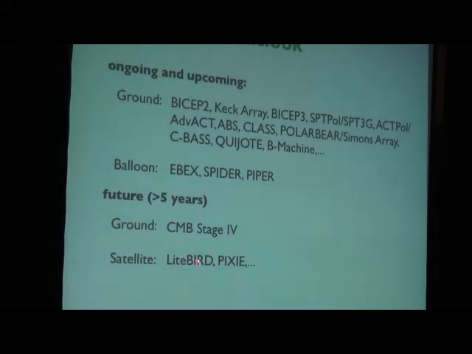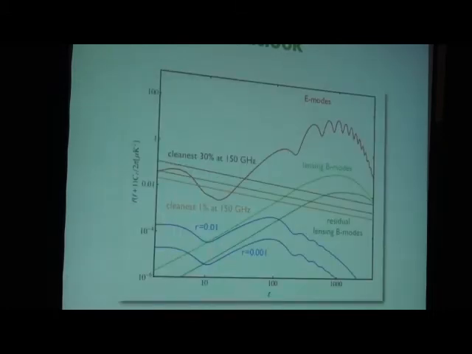And then there might be satellites. LiteBIRD is a Japanese mission that looks fairly good. And then Pixie, you've heard mentioned both by me, by Yassine, in a number of the talks.